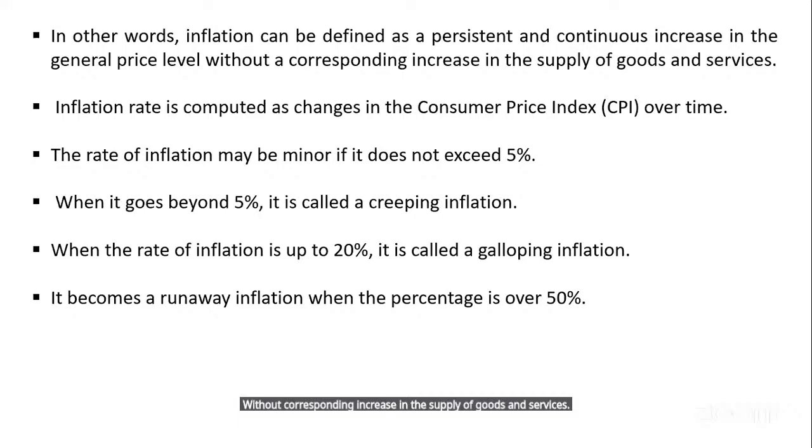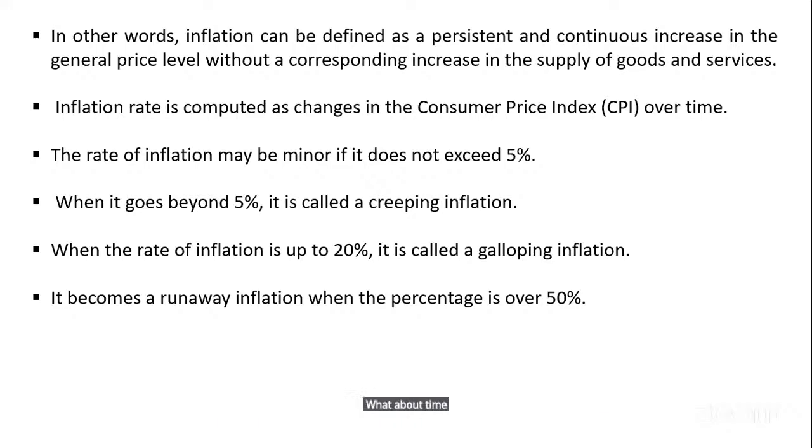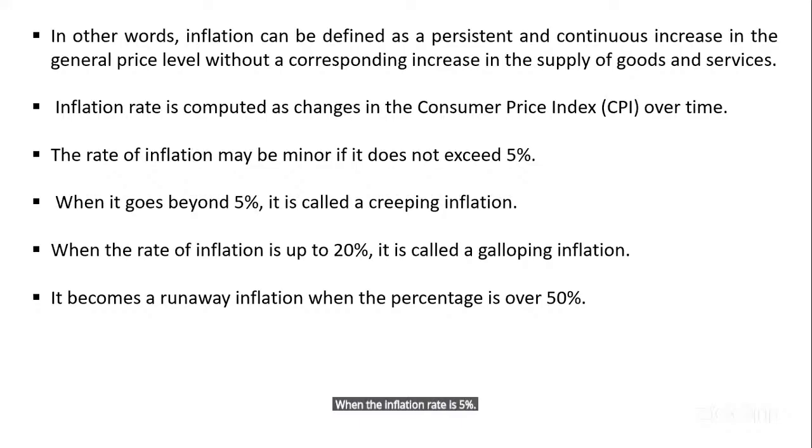Inflation rate can be computed as the changes in the consumer price index, CPI, over time. The inflation rate may be minor if it does not exceed 5%. So here we are talking about forms of inflation. When we say inflation could be minor, that is when it is at a very slow rate, not exceeding 5%. But when the inflation rate exceeds 5%, we call it crippling inflation.